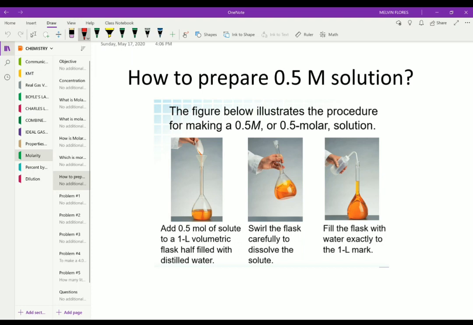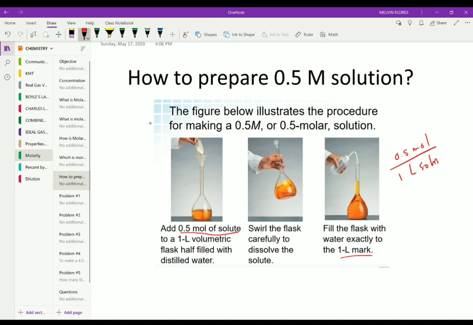Okay, and then we're going to put the 0.5 mole of solute in the volumetric flask and then swirl it. You're going to swirl carefully in order to dissolve the solute. And then after that, you're going to add more water until you reach the 1 liter mark. So for every 0.5 mole of the solute, we have 1 liter of solution.